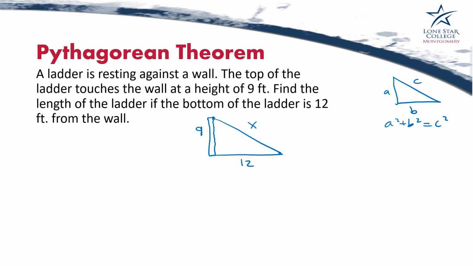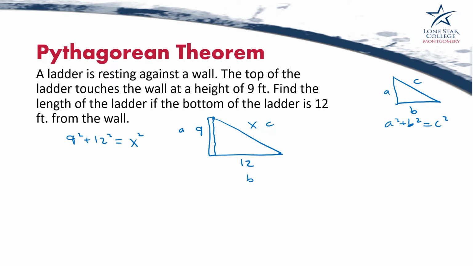So applying that to our picture here with the ladder, our A is 9, our B is 12, and our C is X. So plugging it into the Pythagorean theorem, we have 9 squared plus 12 squared gets us X squared.